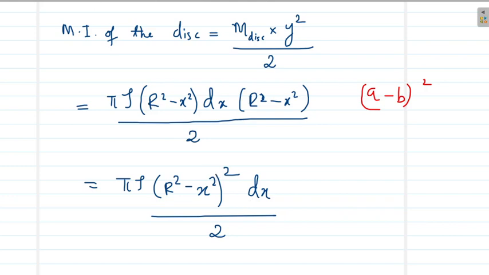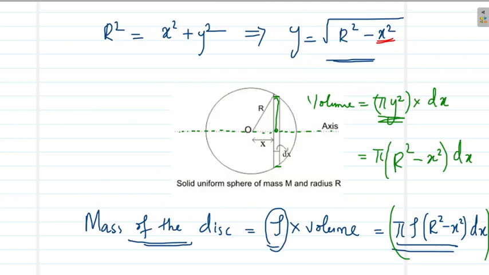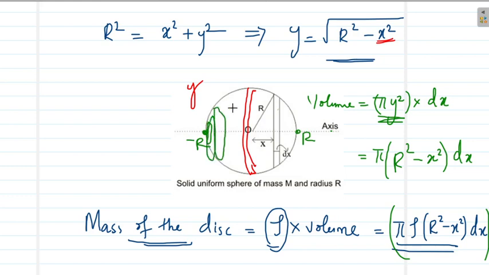Now we have obtained the moment of inertia due to this disk. What is left is to find the total moment of inertia of this whole sphere. As we have said, the sphere is composed of plenty of disks like this of varying radius, varying y values. And these disks actually extend from minus r up to plus r. So here we have a small disk, then again a small disk, and so on.